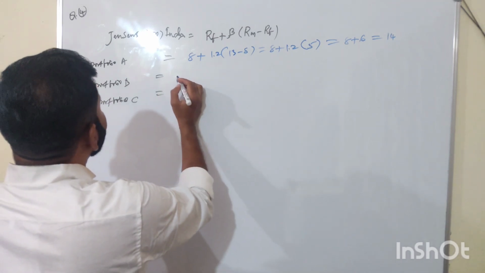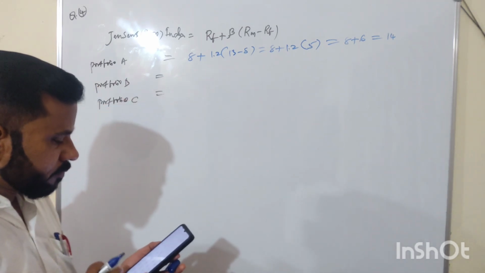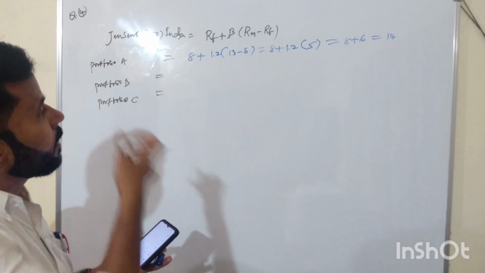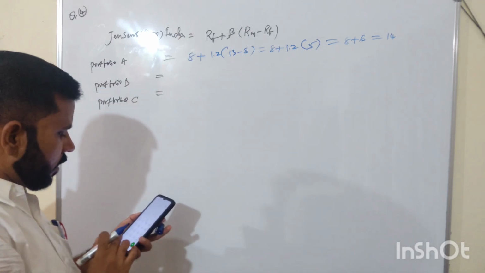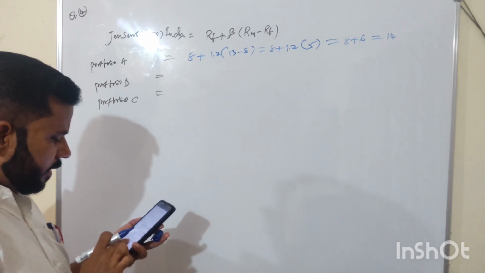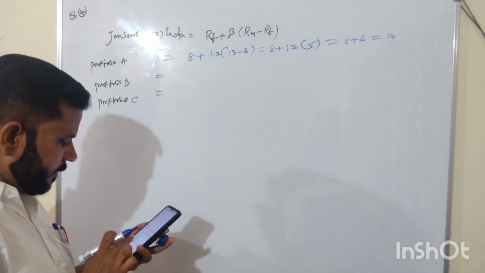Then next, portfolio B. Let us calculate portfolio B's Jensen's ratio. Let me check the problem and get the information.